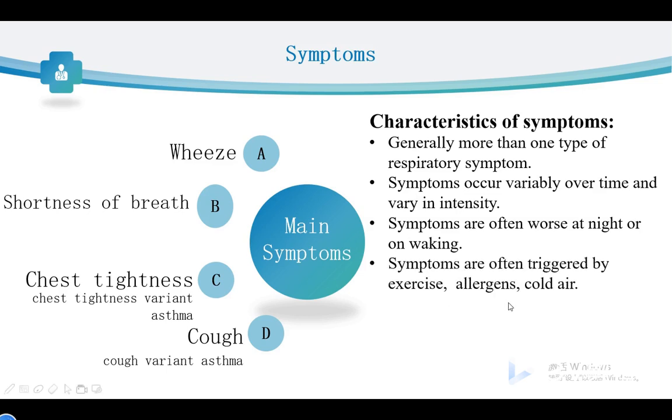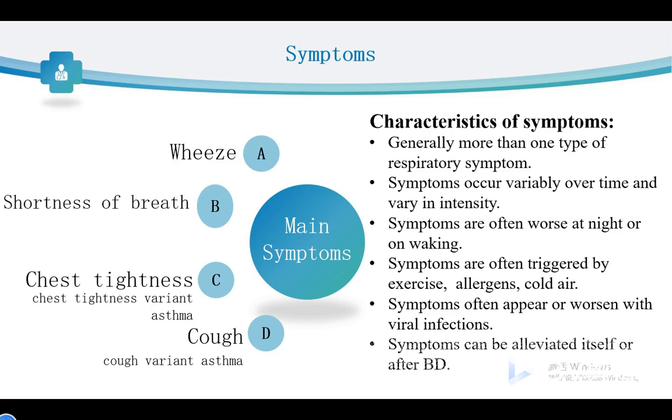And the symptoms are often triggered by exercise, allergens, cold air, and so on. And the symptoms often appear or worsen with viral infection. And finally, the symptoms can be alleviated by themselves or after using bronchodilators. And those are the characteristics of the symptoms.